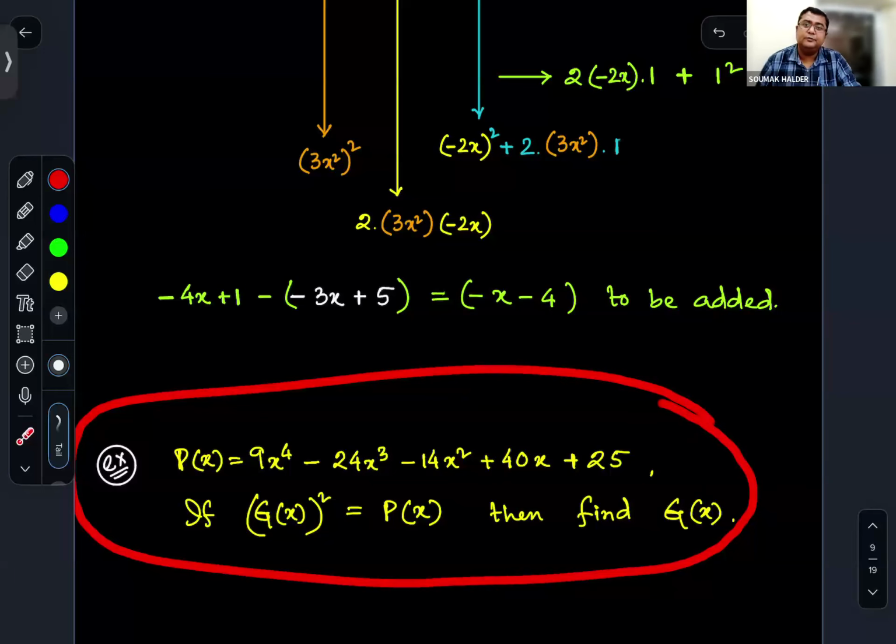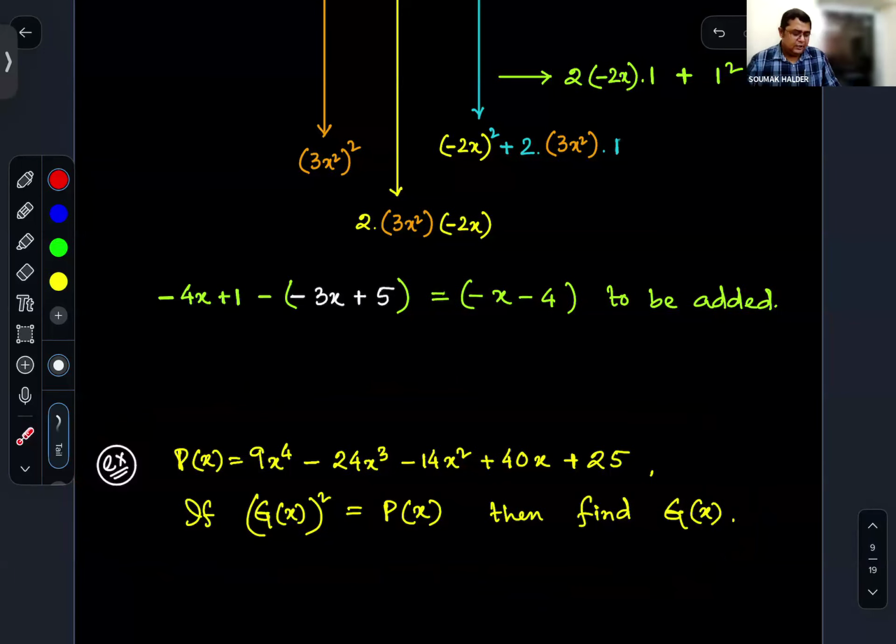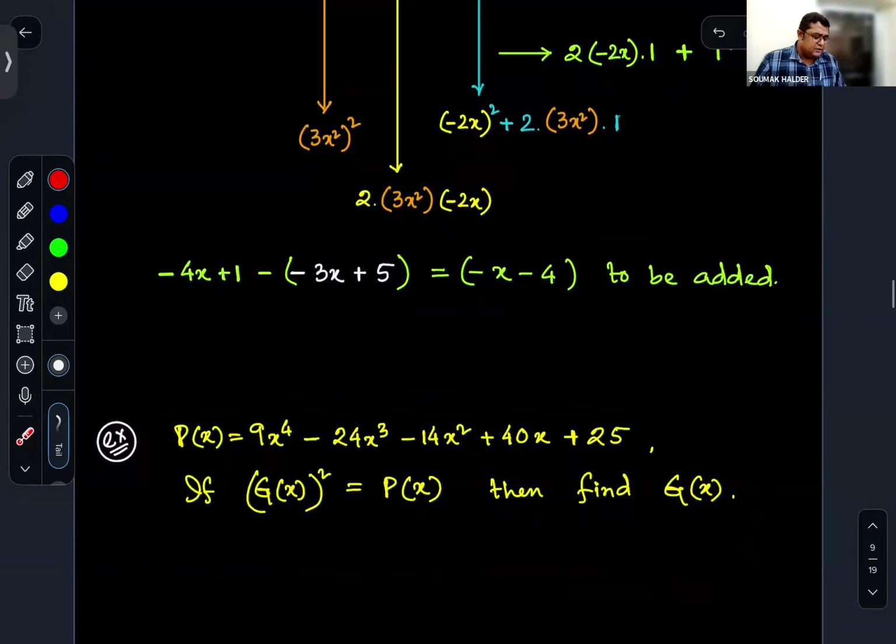Start from this one. Okay, here it's been given as a regular carry forward practice. আগের দিন আমরা এই টাইপটা শিখেছি, আমরা আজকে আরেকবার অ্যাপ্লাই করব। Here p of x is already given as 9x to the power 4 minus 24x cube minus 14x square plus 40x plus 25, and this polynomial has been identified as the square of a polynomial g of x.